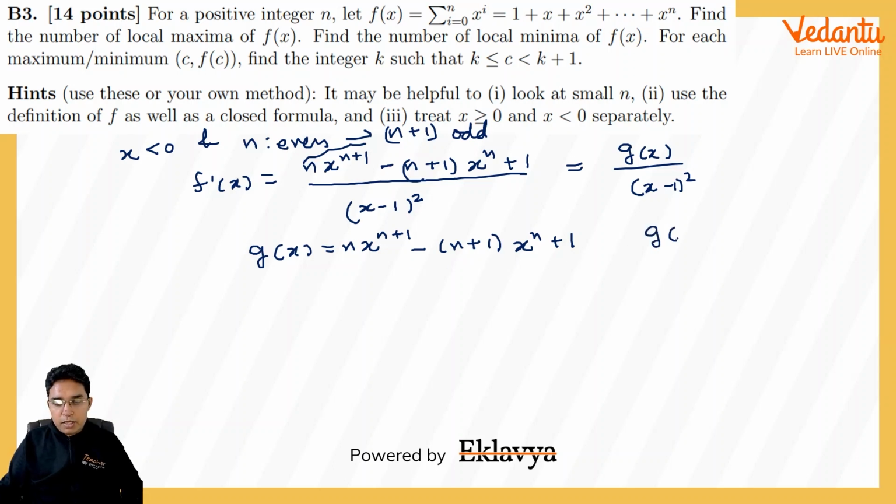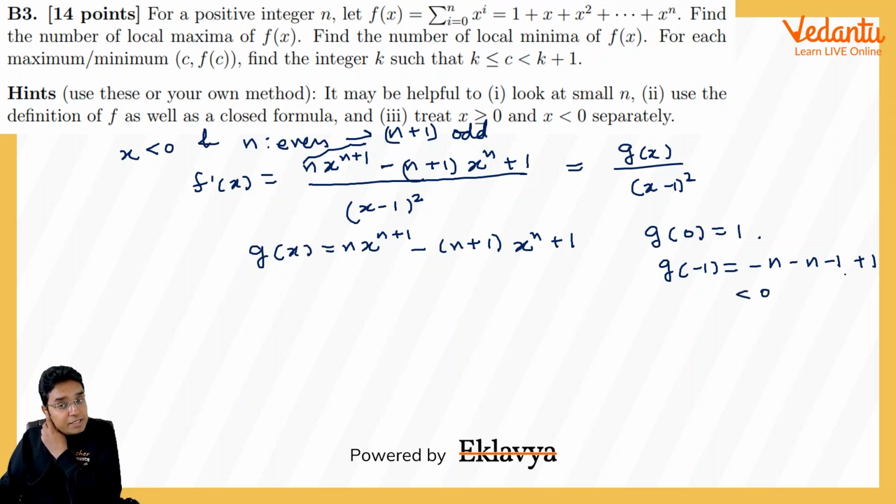Here you can check g0 is definitely positive, that is 1. And if I put some negative value of x, let us say g of minus 1, because n is even, so that will be minus n minus 1 plus 1. So you can check this comes out to be negative.